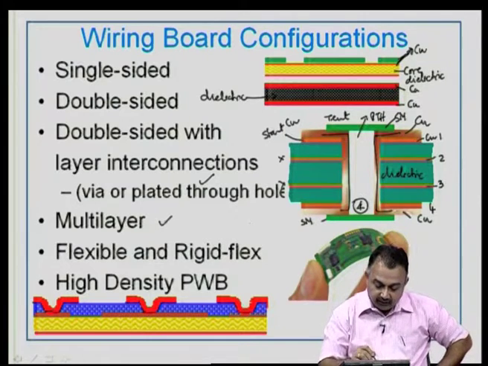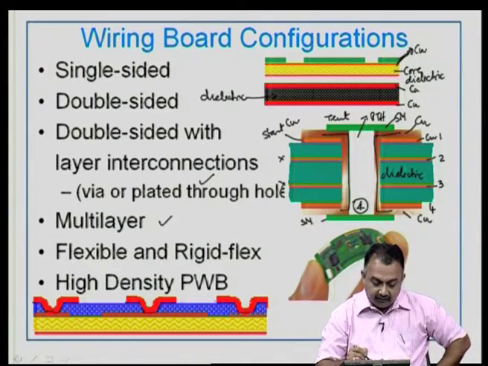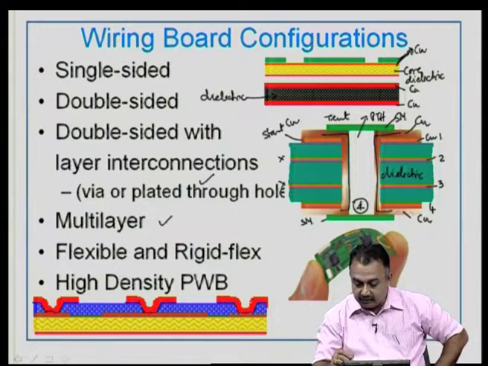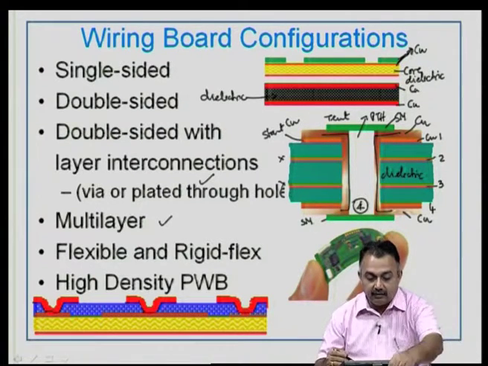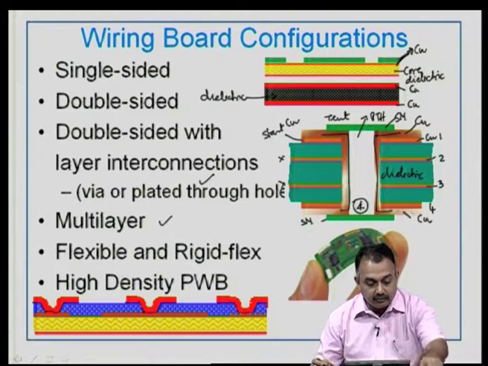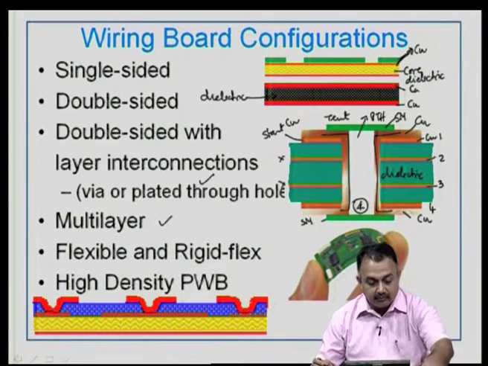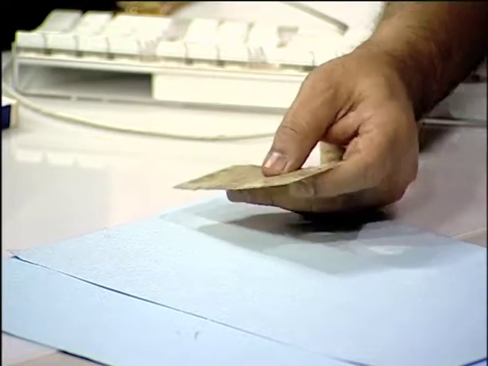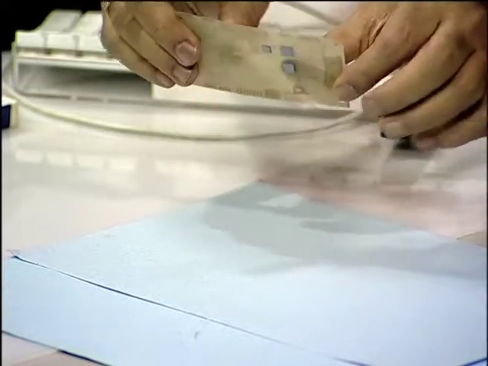So, multi layer boards. Then you can have flexible and rigid flex boards. As you can see in this picture, this entire board is flexible. I would now like to show you a flexible board. Here, as you can see, this is a rigid board, so this is not flexible.